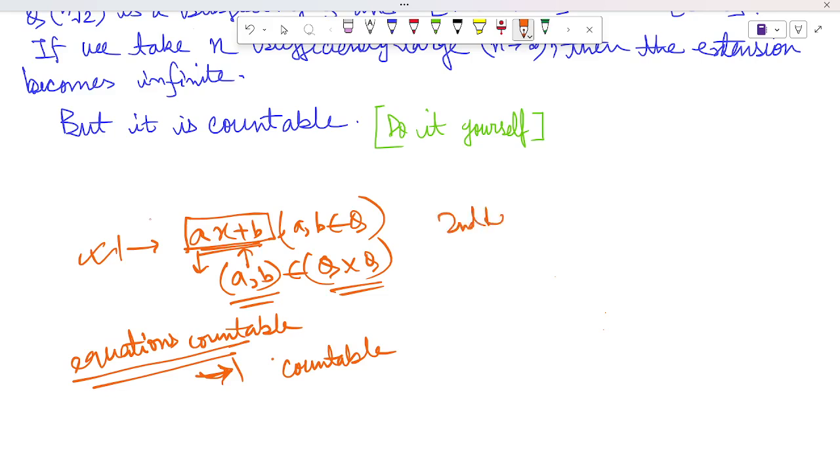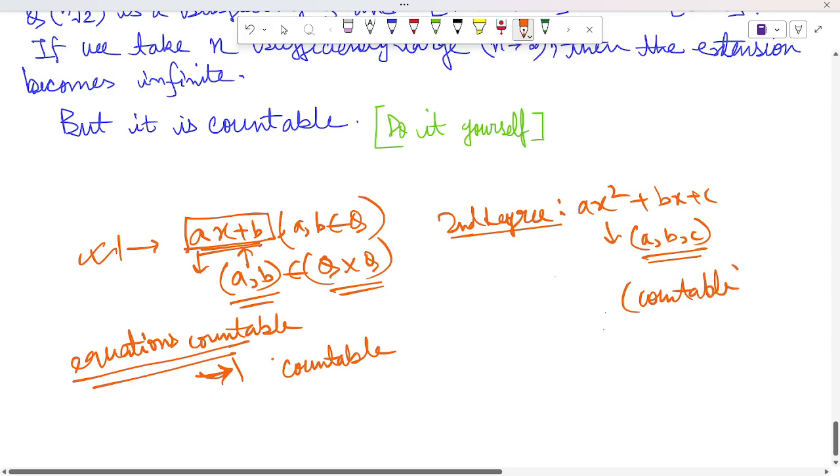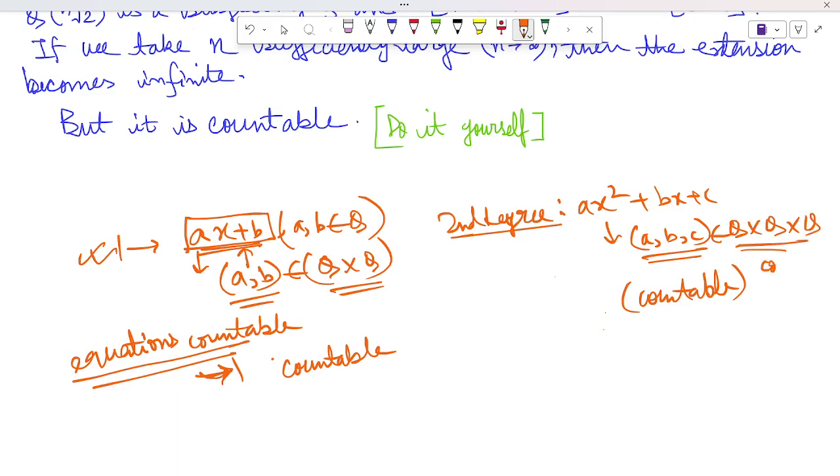Now second degree. What is the natural form? a x square plus b x plus c. Every equation corresponds to a triple (a, b, c). For example, this corresponds to (1, 5, 6). The triples come from Q cross Q cross Q, and a Cartesian product of countable sets is countable.